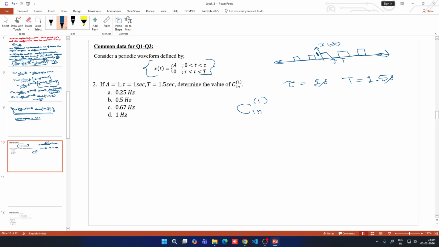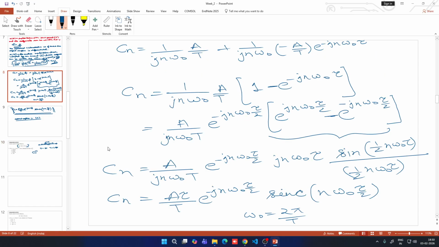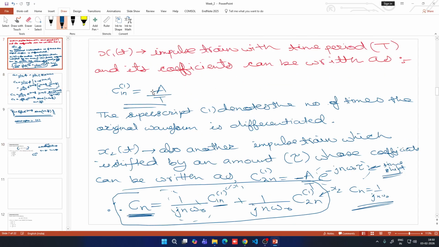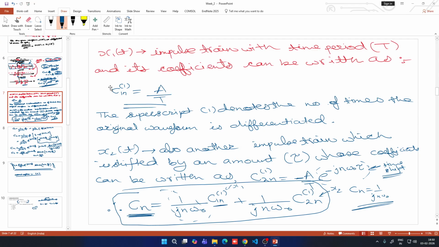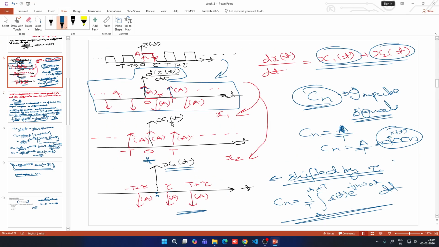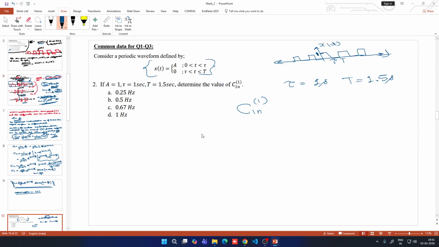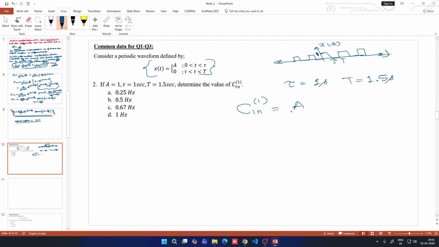It's pretty simple, right? Because you already did it for this. c1 of n means x1 of t after differentiation, x1 of t is c1 of n. So we already know the formula for this. It is A by T, because if I put x1 of t, it's nothing but this impulse train.